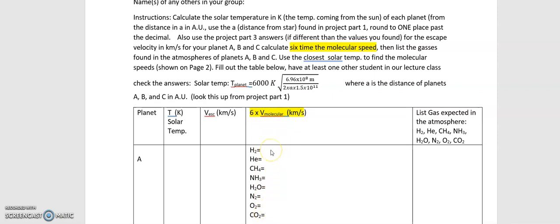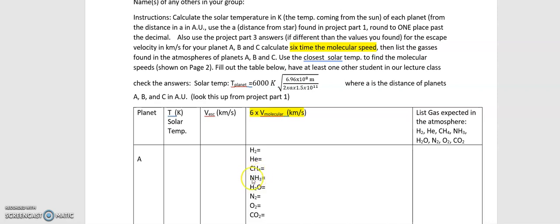So let me go through the molecules real quick. These are the common molecules that we find in our solar system and even in other solar systems, as a matter of fact. Hydrogen, this is, of course, molecular hydrogen, H2. Helium.